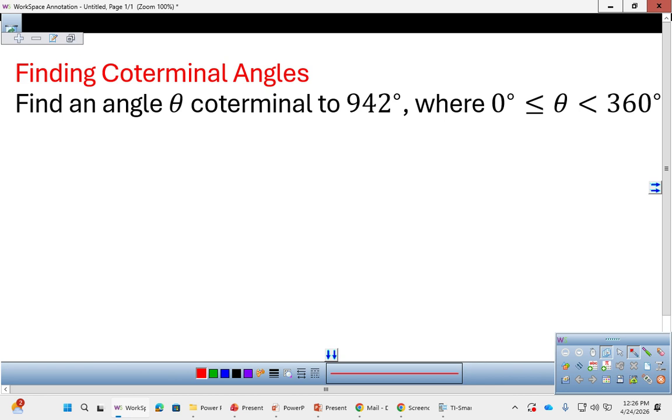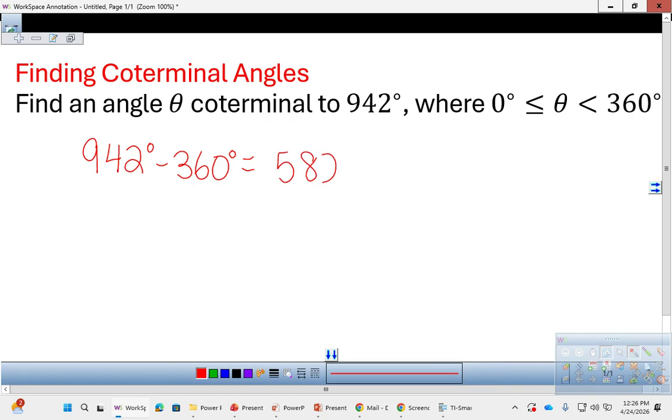So for me, 942, I'm going to subtract a full rotation of 360 degrees. So if I subtract 360 degrees from 942, I get 582 degrees. That's still not between 0 and 360 though. So I'm going to do another subtraction of a full rotation, and I end up with 222. 222 is between 0 and 360.